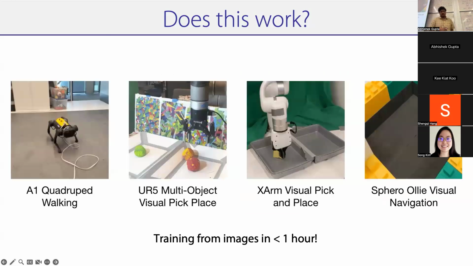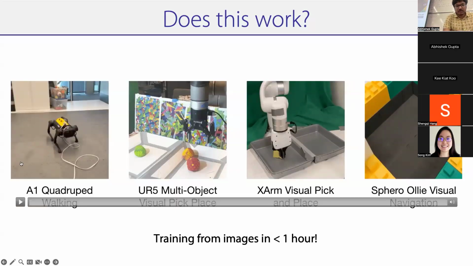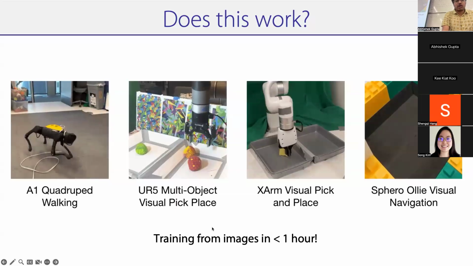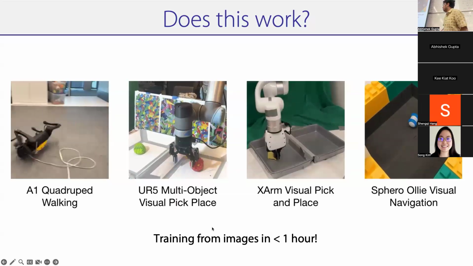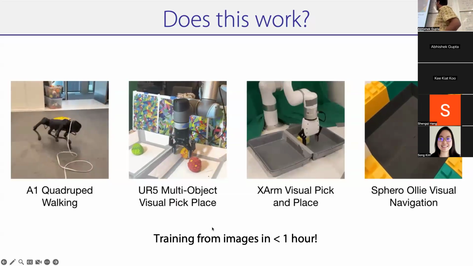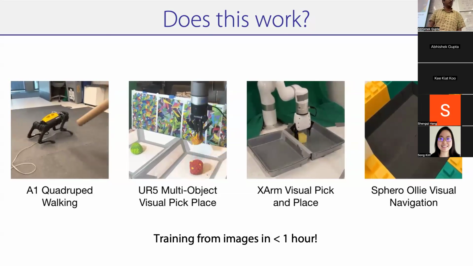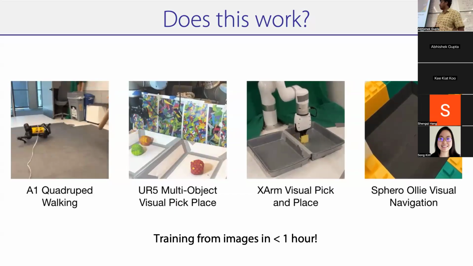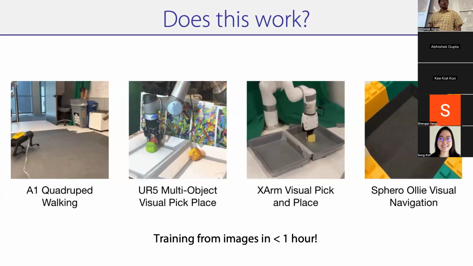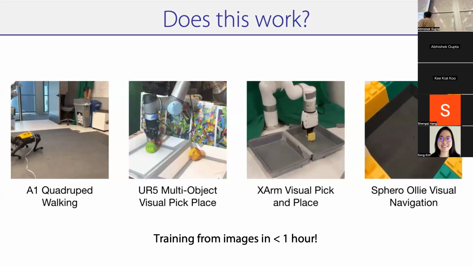They've also applied this to some robot tasks. And so the nice thing here is that you can get training from images in less than 1 hour for a bunch of different robotics tasks. Pick and place. They have this interesting looking sphere thing, quadrupeds walking and so on. Right, but compared to off-policy RL, tends to be a bit faster.